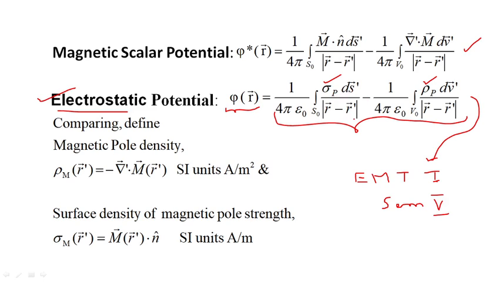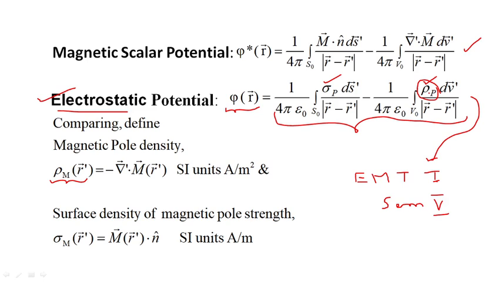Here in electrostatics, this is due to polarization. Because of the polarization, the material had polarized. Now we use a similar thing here. You compare this, and similar to this quantity rho p, we define rho m.